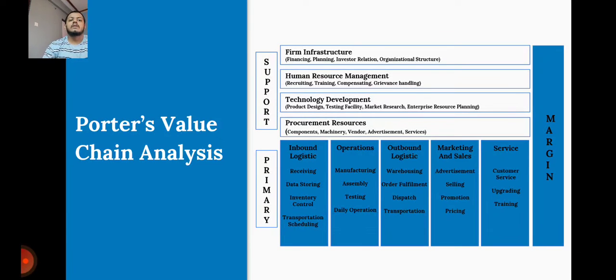Inbound logistics: receiving, data storing, inventory control, transportation schedule. Operations: manufacturing, assembly, testing, daily operation. Outbound logistics: warehousing, order fulfillment, dispatch, and transportation. Marketing and sales: advertisement, selling, promotion, and pricing. Service: customer service, upgrading, and training.